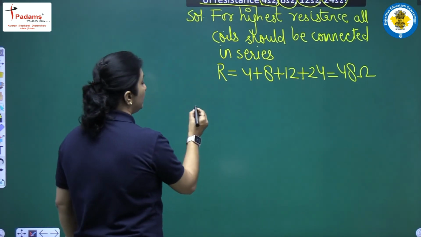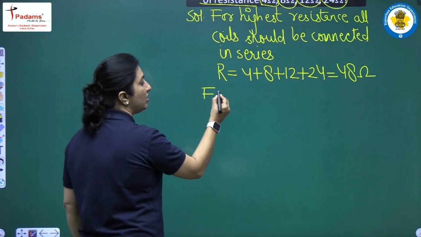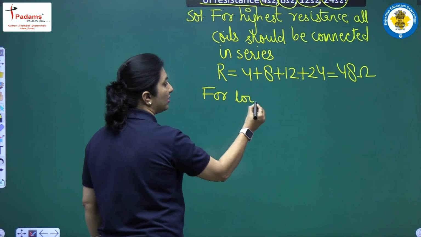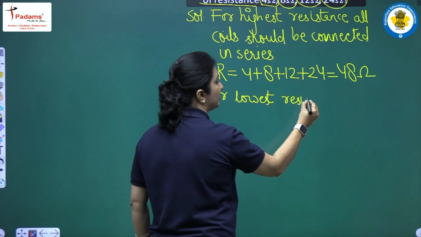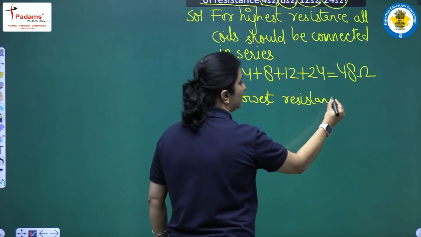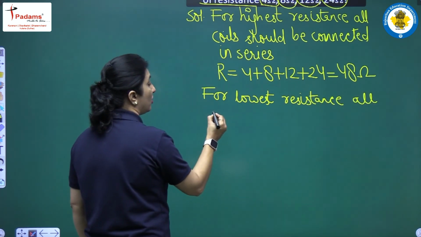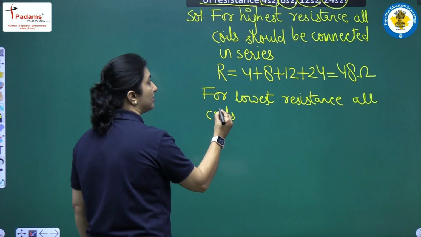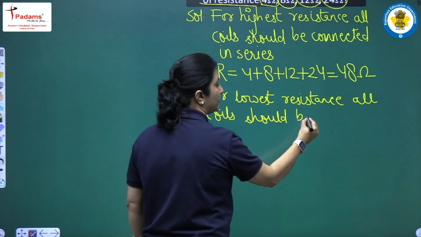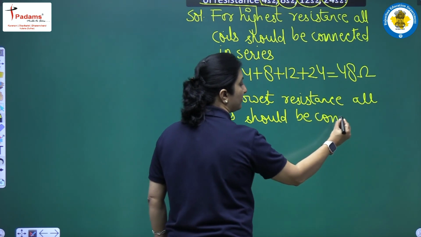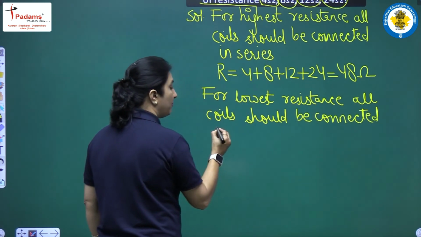So the solution for the lowest resistance we will write for lowest resistance all coils should be connected in parallel.